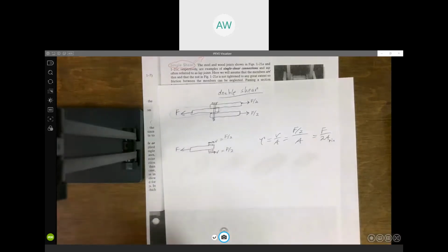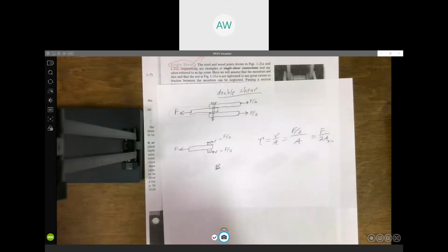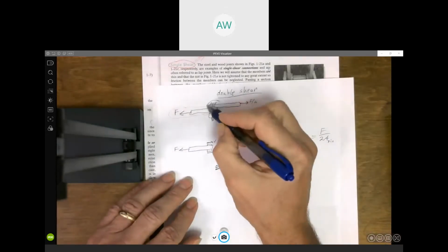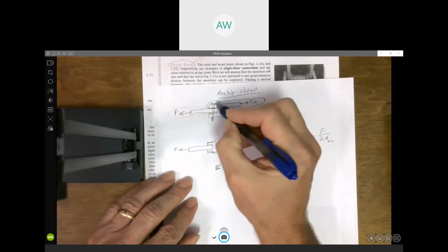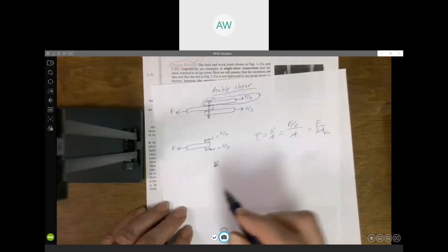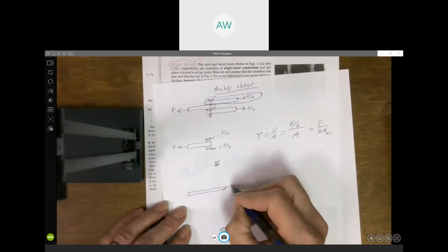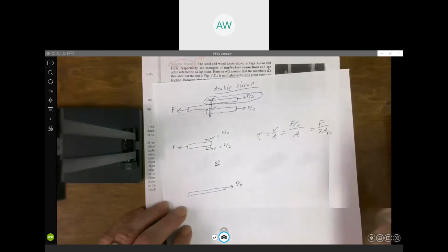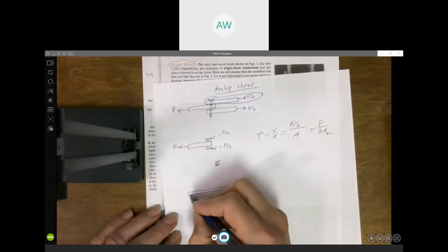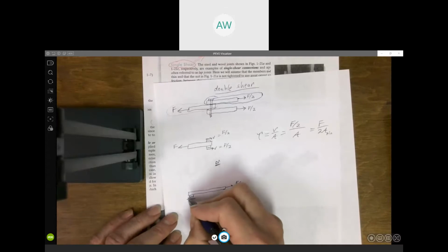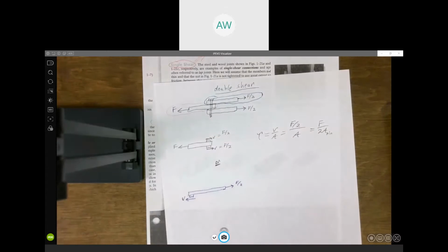Now, the alternative way to think about it, right? If we look at this top member here, if we come down here and look at this one, we've got this force F over 2 acting to the right. And you've got this shear force V, right? That's just slicing through the bolt one place. So again, forces add to 0.